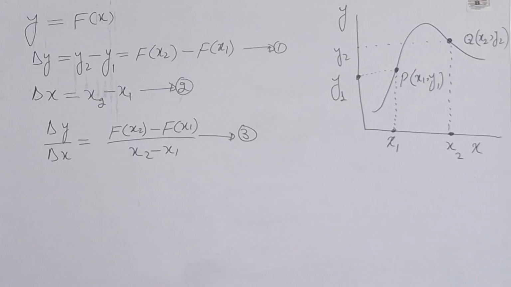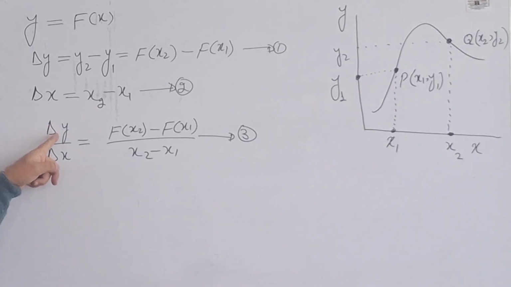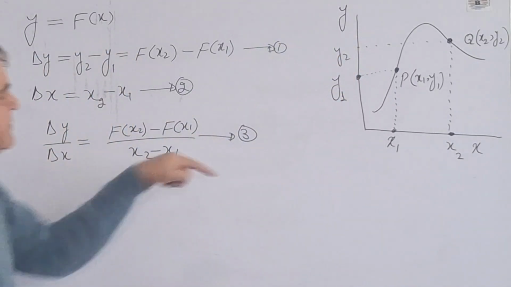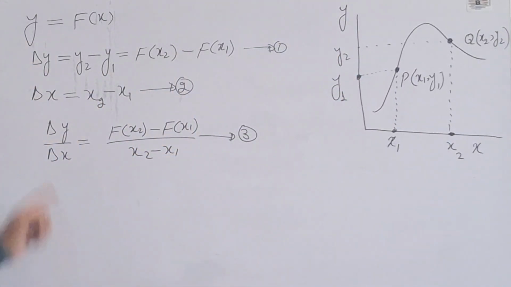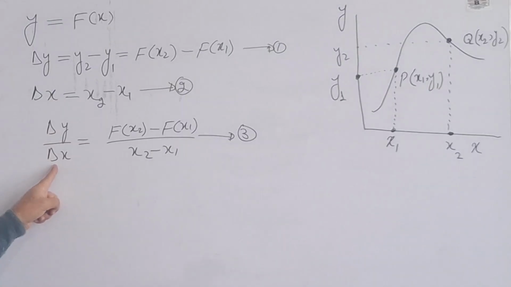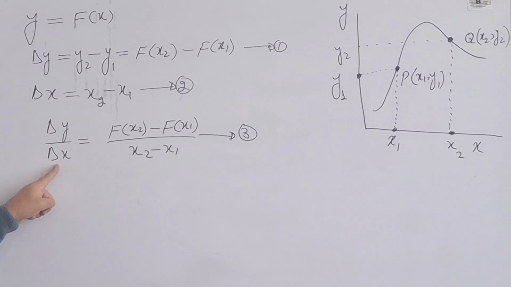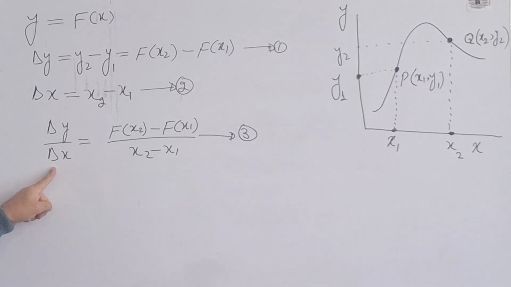And if I look to the left side, and you recall from your courses in calculus, delta y is in fact the rise and delta x is the run. So rise over run by definition is slope. That means delta y over delta x defines slope. But slope of what?